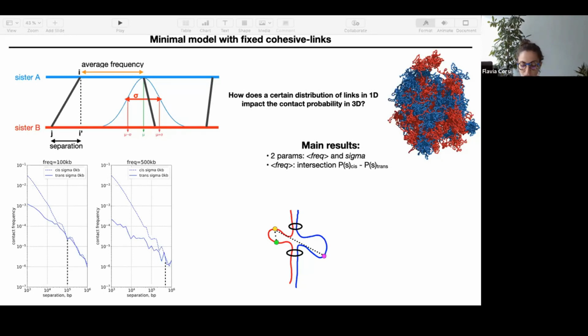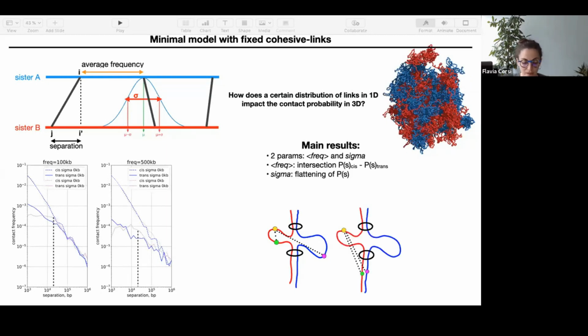It means that when we pick a position, for example in yellow on 1 sister chromatid, the probability to contact a genomic position that is closer to the average frequency, so in green, is higher than to contact the same genomic position on the other sister chromatid, here represented in purple.